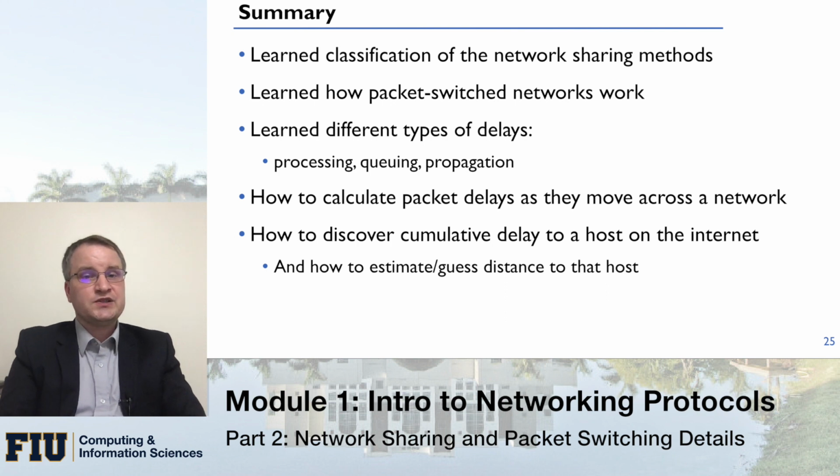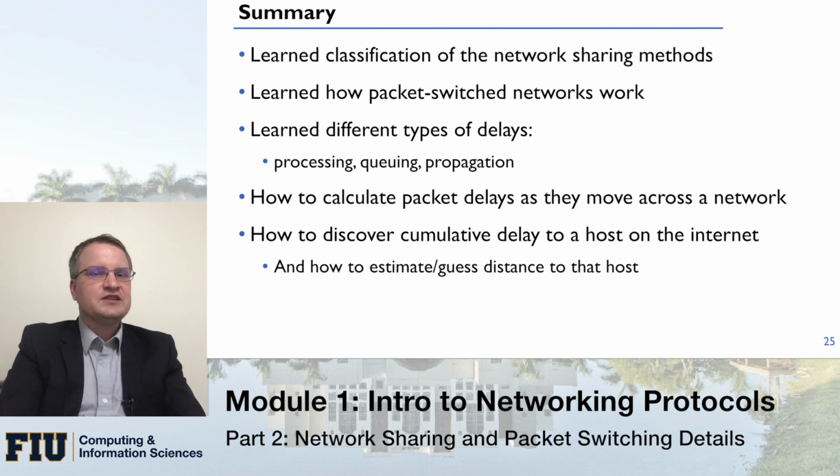Or with packet switching networks, you don't do any kind of reservation, and packets are either processed if there is enough capacity, or dropped because there is not enough place in the queue, or dropped for whatever other reason. You learned the properties of the network, properties of the links, like link bandwidth, what else?